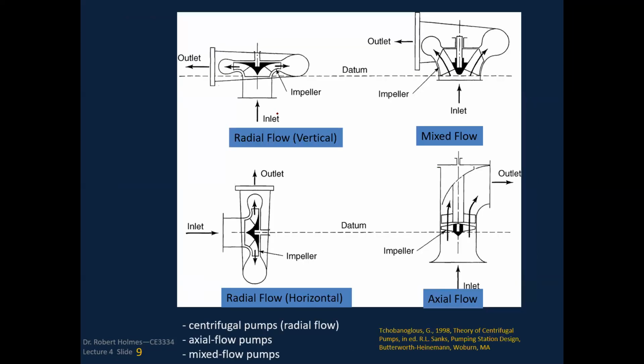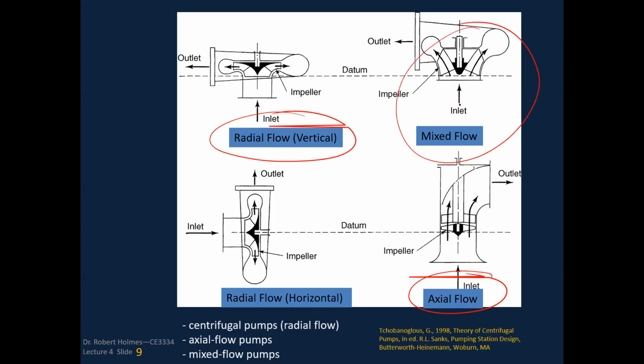This is just another set of graphics that demonstrate this business of radial flow versus axial flow. So here's an axial flow, here's a radial flow, and then you've got this mixed flow, which is a mixture of axial flow and radial flow.